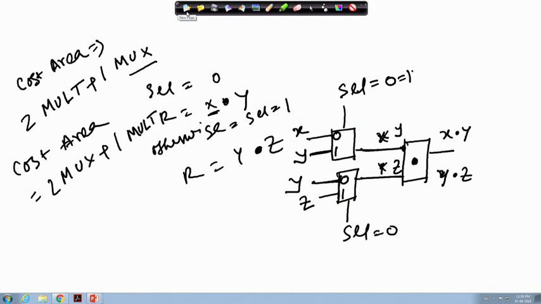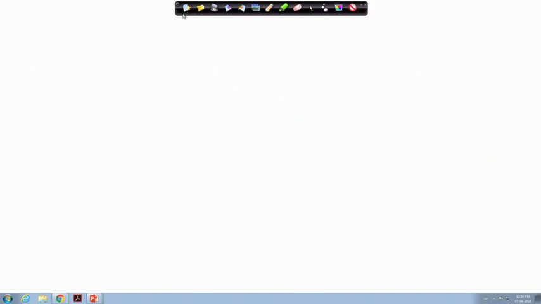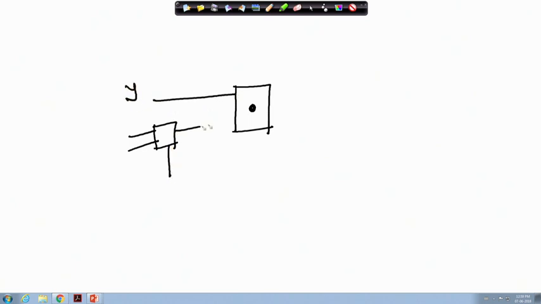If I just take this as the multiplier, y is basically fixed here, and here I am having x and z.